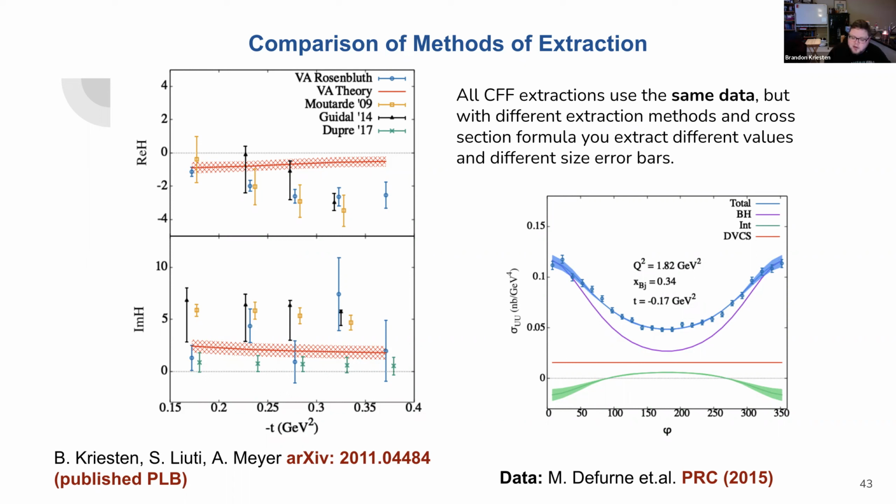This is something that is tricky when doing phenomenology, and it represents a need for benchmarking techniques for these extraction methods. As you can see, all these methods can sit right on top of the data, so that's kind of concerning. It also raises the question of how much information we are actually getting from these Compton form factors by fitting to the data. So those are interesting questions.